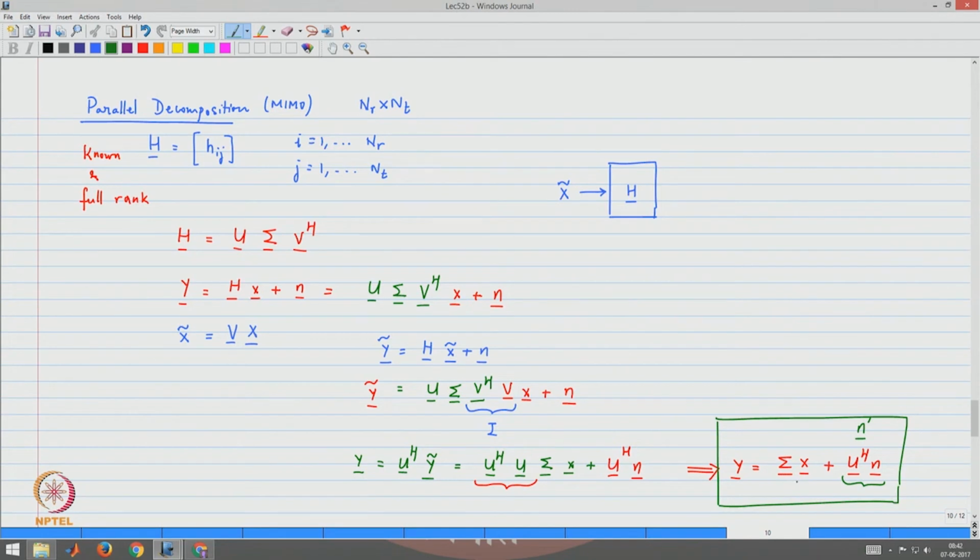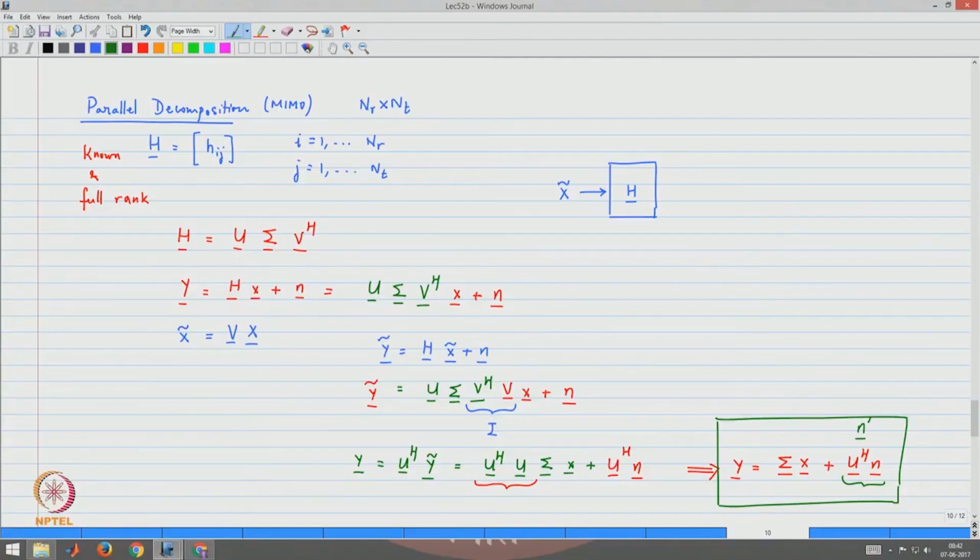Sigma is a diagonal matrix. Notice that we have completely removed the presence of the inter-antenna interference. So, the effects of the interaction between the different transmitted signals and the different received signals have been completely removed by means of two steps. The first one was a transmitter encoding.